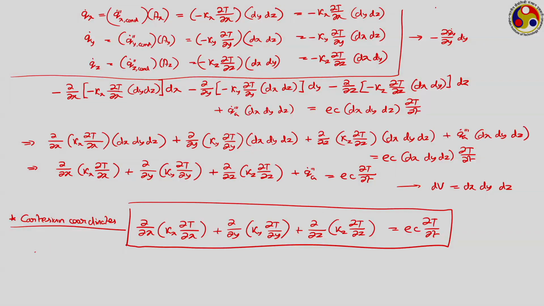So, look at what terms we are getting. The first term that we have is ∂/∂x of (kx ∂T/∂x). From where have we got this one? If we retrace the way we derived this, neglecting the area part, this is basically the conduction heat flux q̇x″.